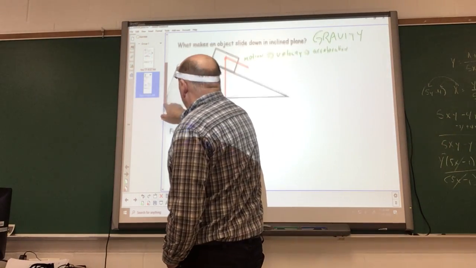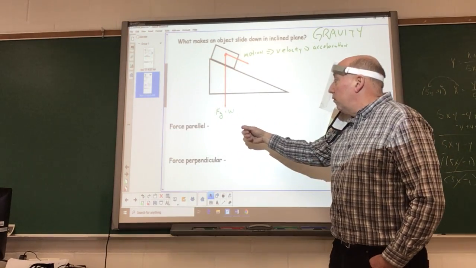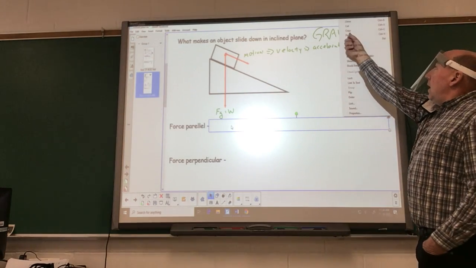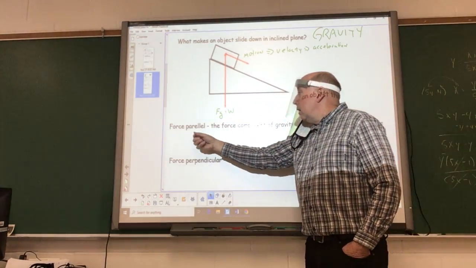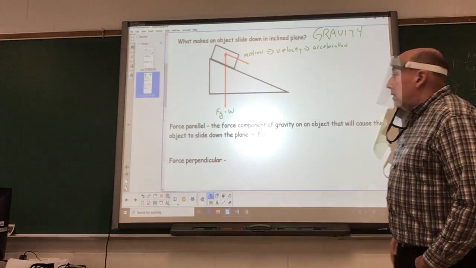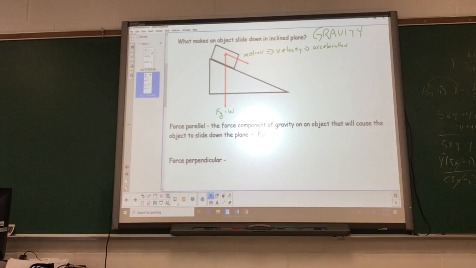So what we have to do is talk about two different components. We have a force parallel and a force perpendicular.